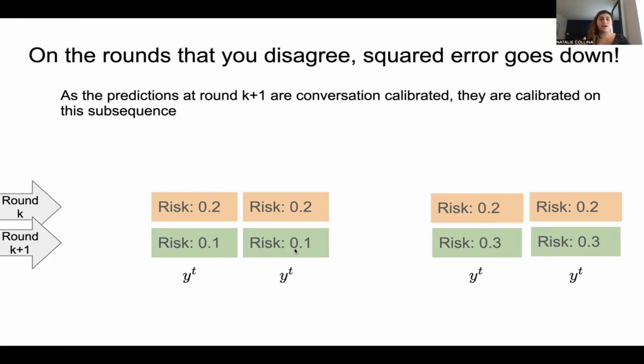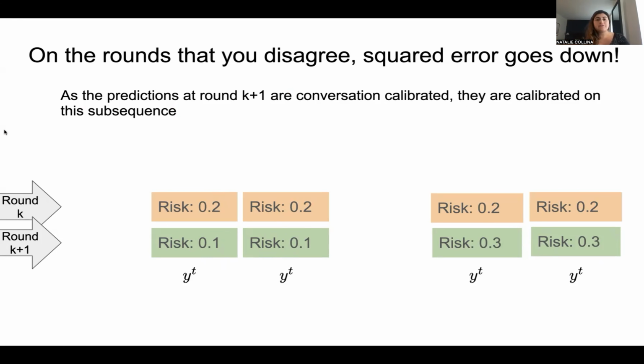We're looking at all the times that in the round before 0.2 is predicted, and then in this round a couple of different things could be predicted. And so you have a calibration condition here. All the times that 0.1 was predicted here and 0.2 was predicted here, the average should be 0.1. So what that means is that according to this subsequence, at round K plus 1, it's a calibrated subsequence.